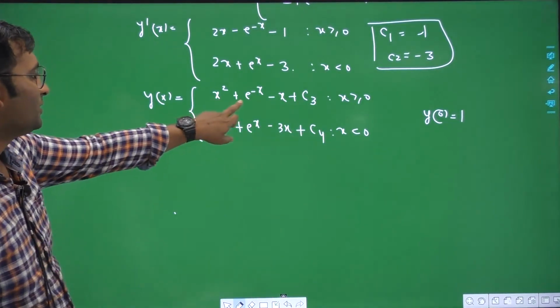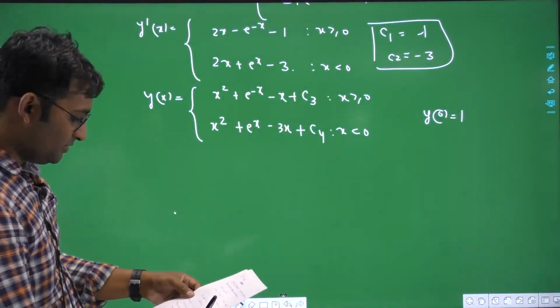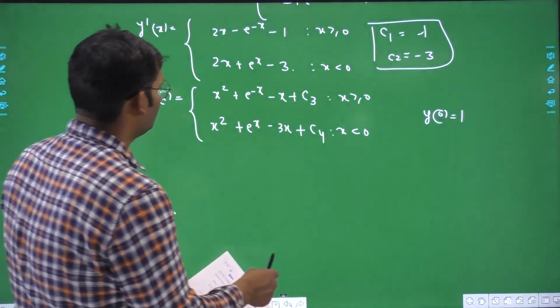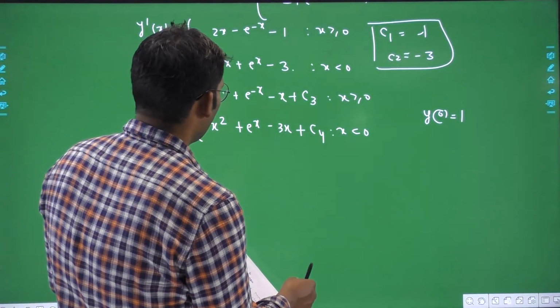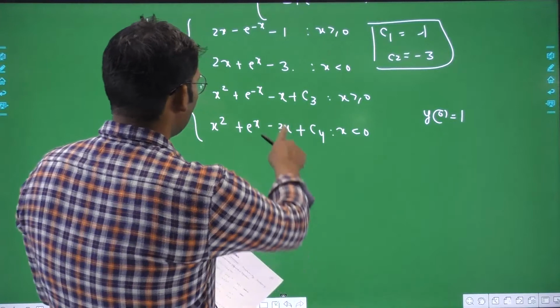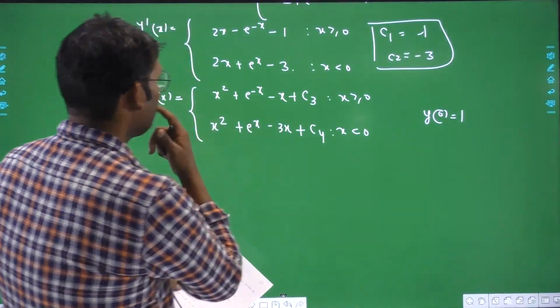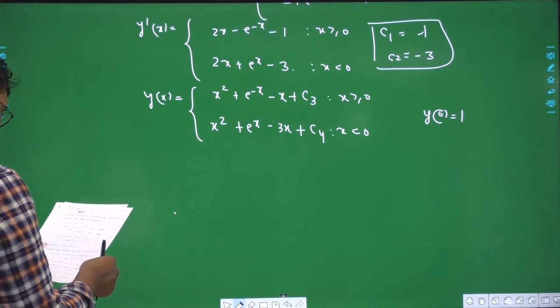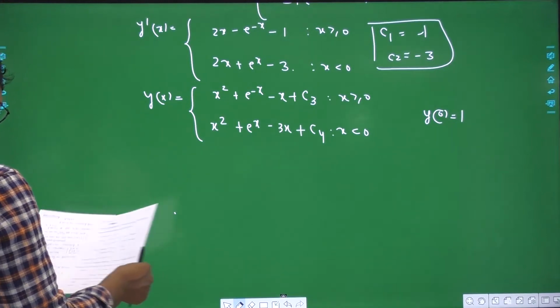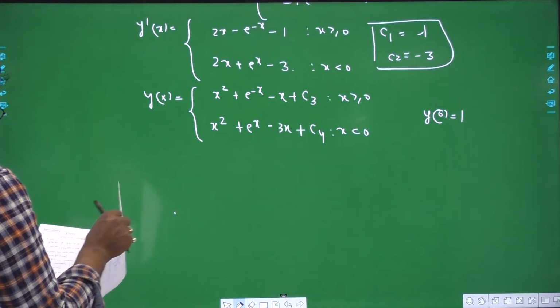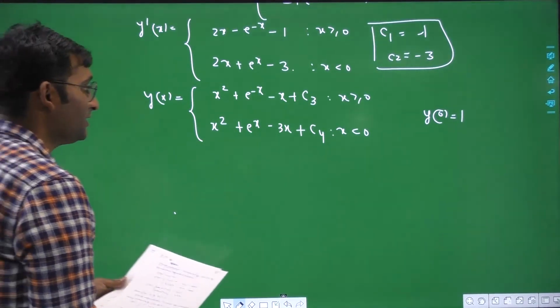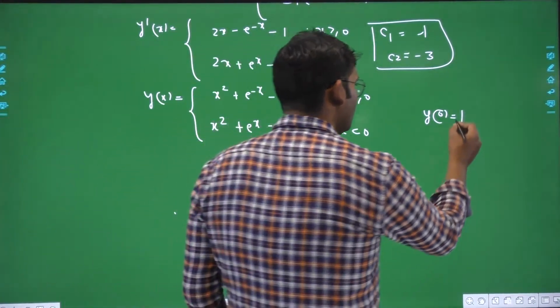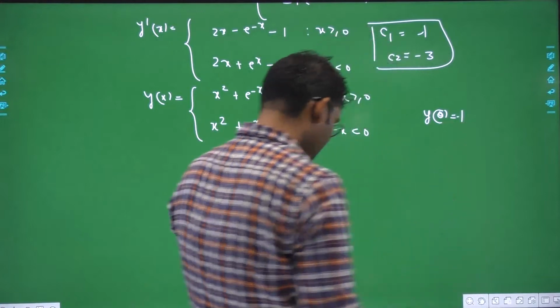So what you can do, you can simply find that your c3 happens to be equal to minus... Sorry, y(0) is given to be equal to minus 1. Sorry. So y(0) is given to be equal to minus 1.